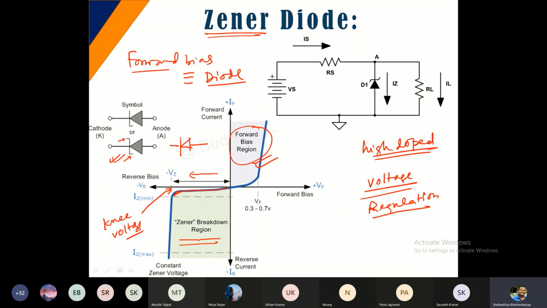So what is the significance? You can observe that in this particular zone there is a huge change in current, but the voltage is ideally constant. Here the source is the power supply, all of you agree? The power supply is supplying the negative voltage.